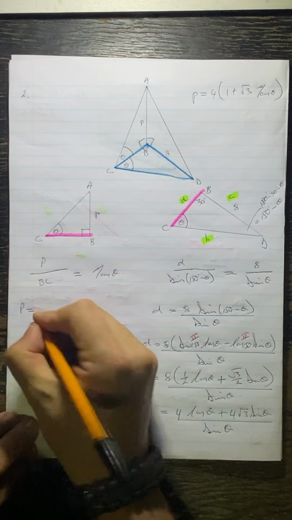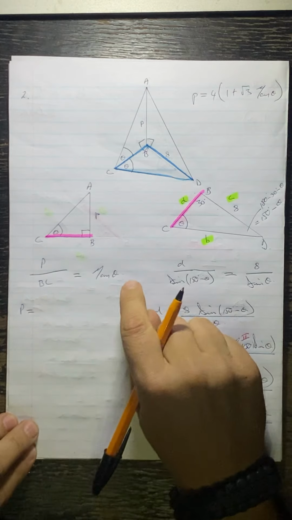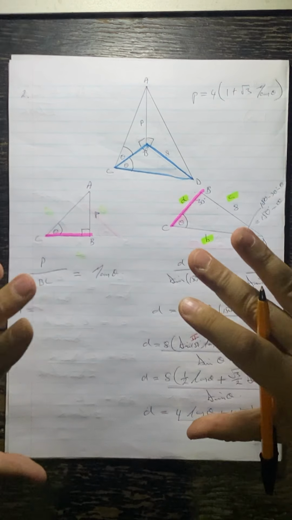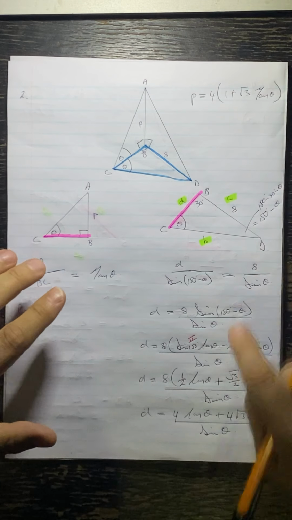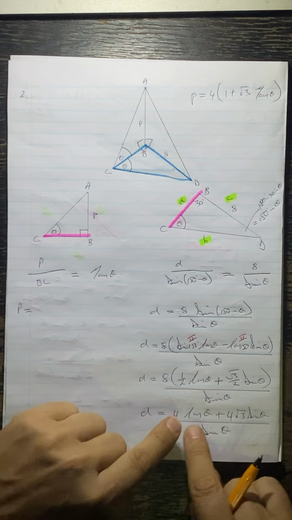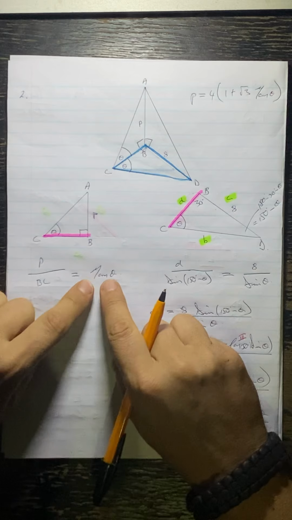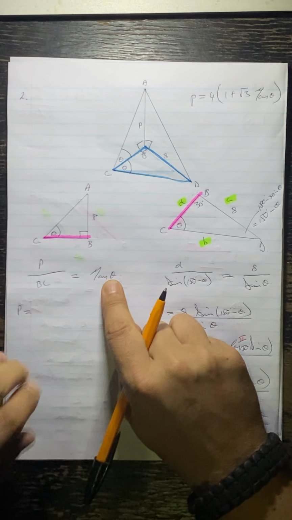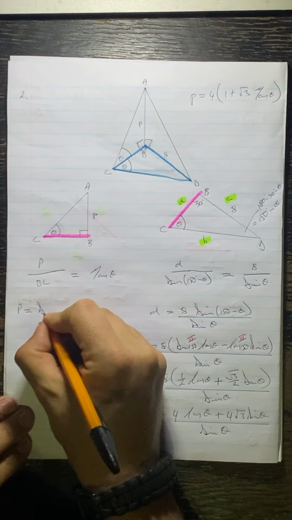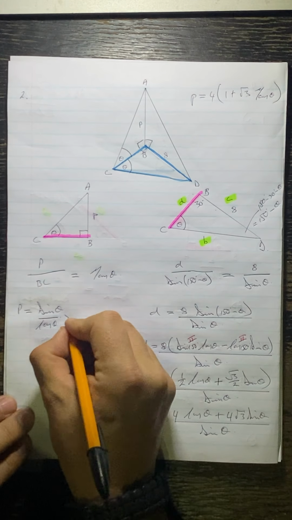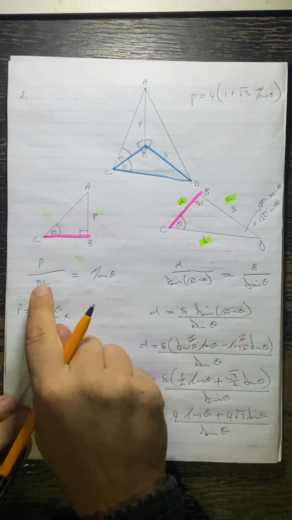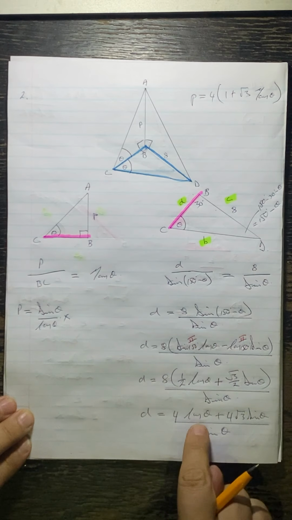So we get P is equal to, and what I'm going to do here, guys, is because I can see that I need to cancel the sine theta at the bottom and cancel things over here, I'm going to change this tan to sine theta over cos theta. And I'm going to multiply it by this, because you see I multiply up by the BC, which is this thing over here.